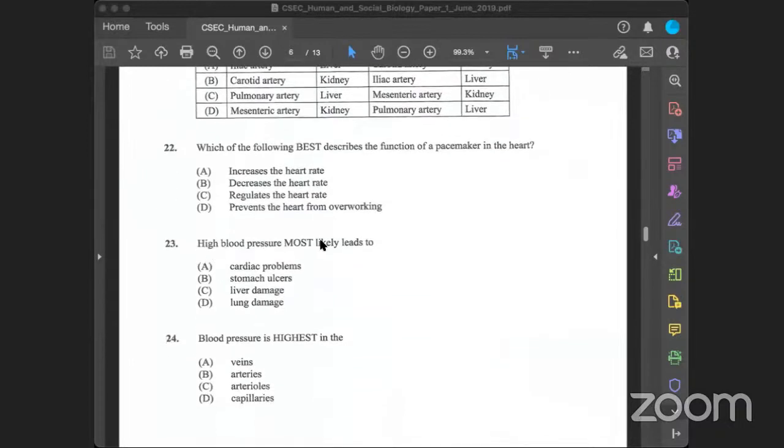High blood pressure most likely leads to what? You tell me. Cardiac problems. Yep, I told you. Heart attack, stroke, those issues, right? Well, if they replace this with diabetes, what would you say?